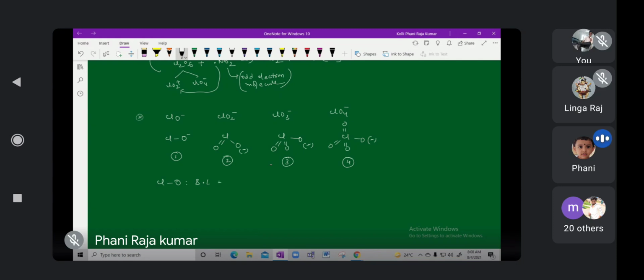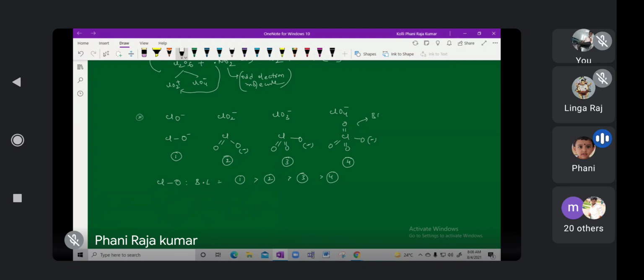Now I am comparing Cl-O bond length values among these four anions. In perchlorate ion, we have more multiplicity. If we have more multiplicity, definitely bond length will be less. That's why bond length order is 1 greater than 2, greater than 3, greater than 4.